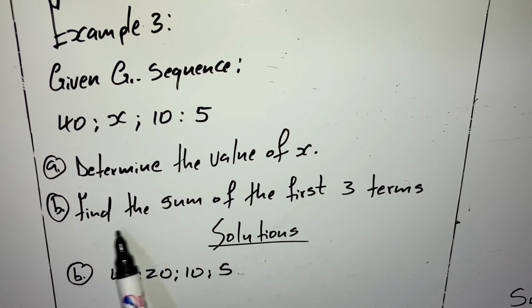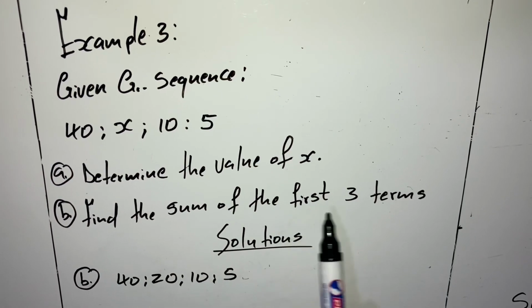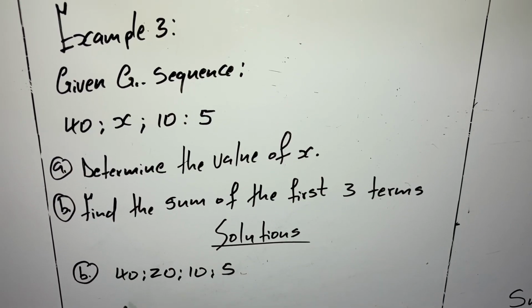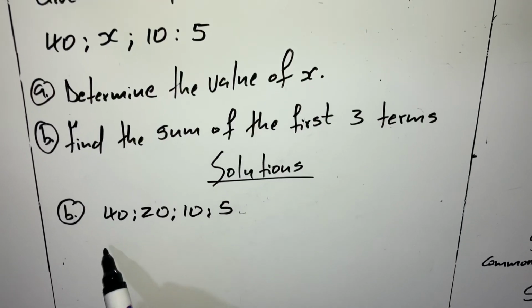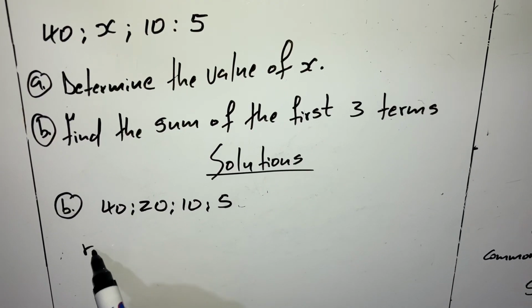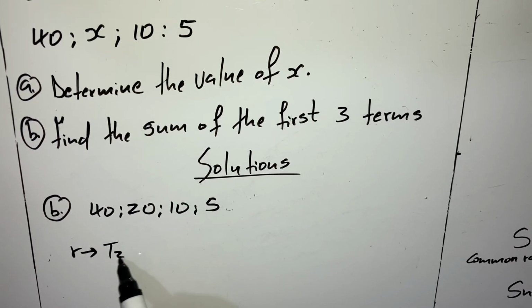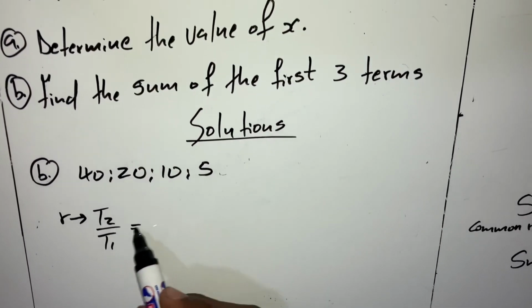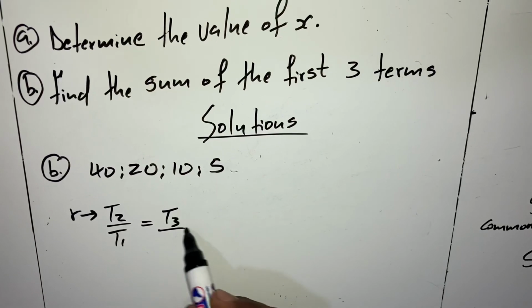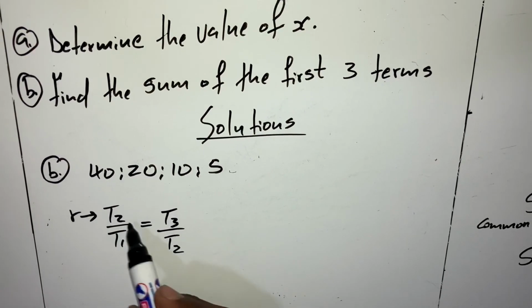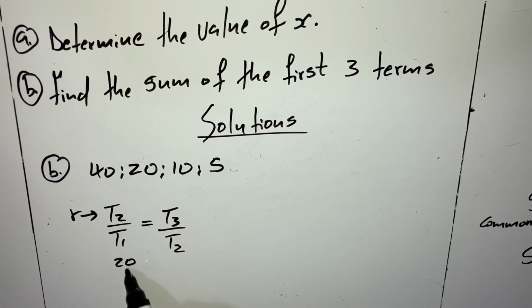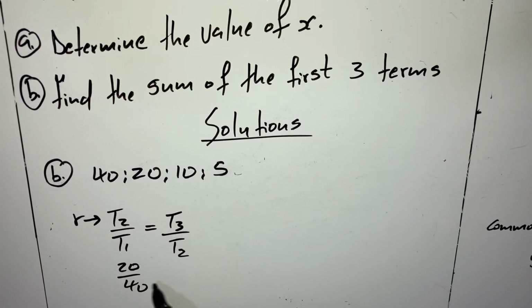So for B, they said find the sum of the first 3 terms. We firstly have to find our r using the T2 over T1 formula, equals T3 over T2. Our T2 is 20 all over 40.